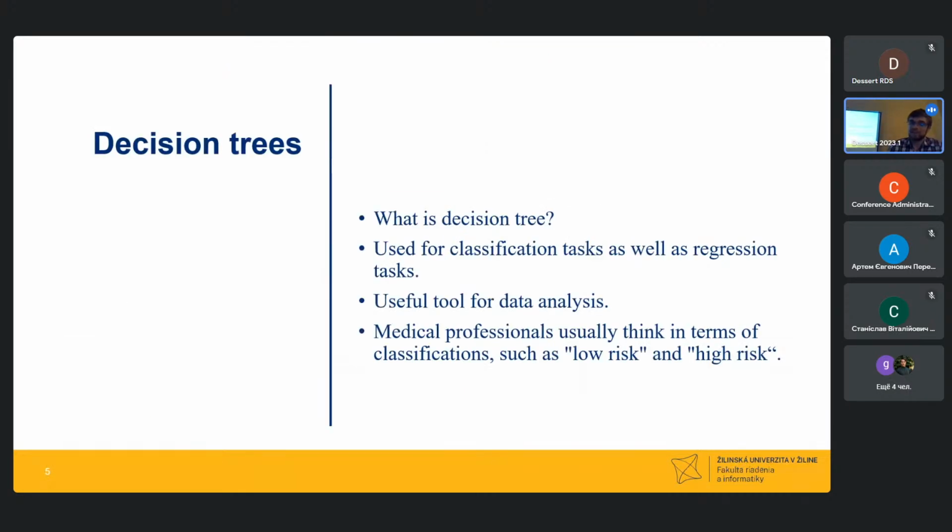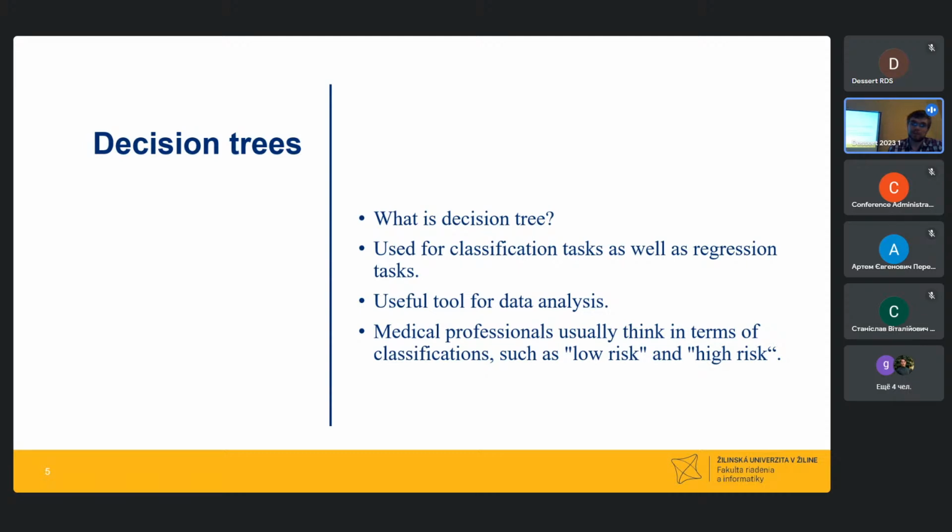And to say more about decision tree, it's a non-parametric supervised learning algorithm, which is used for classification tasks as well as for regression tasks. It's useful for data analysis.